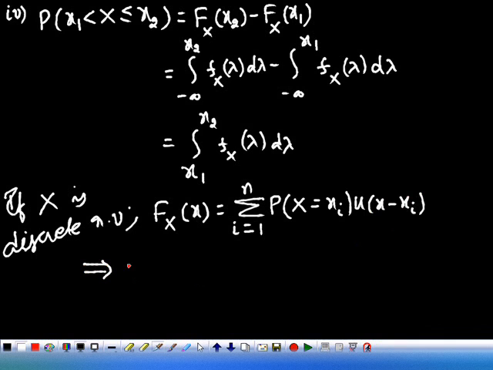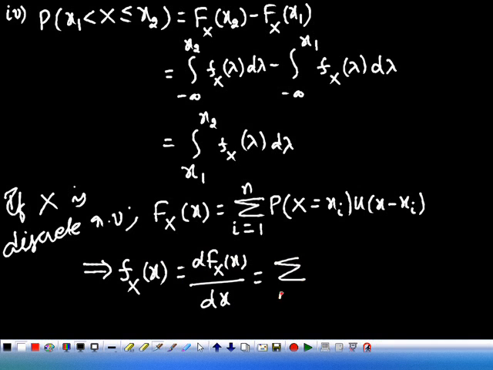So from this, what is fX(x) for a discrete random variable? We take the derivative of it. Here the probability of X equal to xi is a constant.